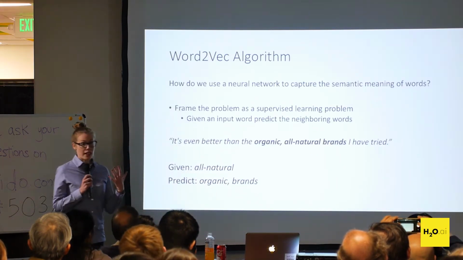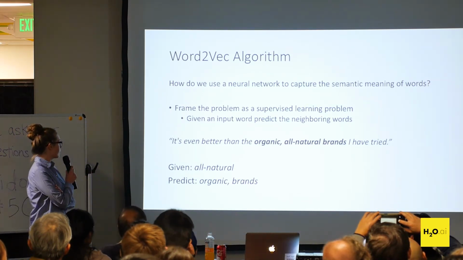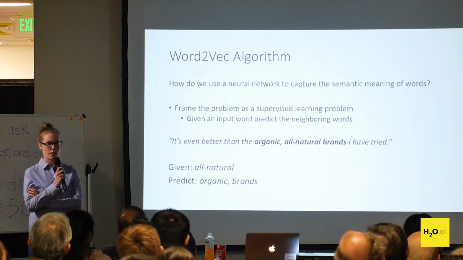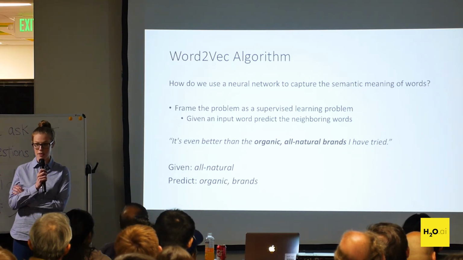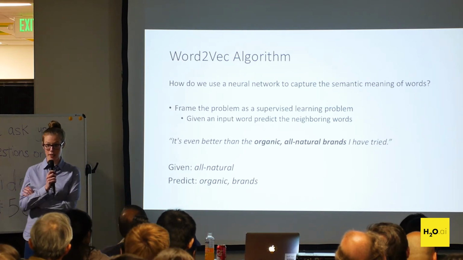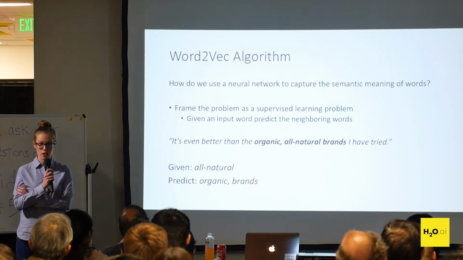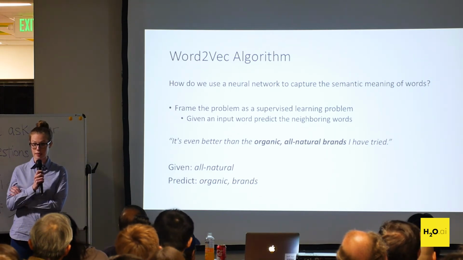So let's talk about what Word2Vec is actually doing and what the algorithm does. We're going to use a neural network to figure out the semantic meaning of words. The idea here is that words that have the same context have similar semantic meaning. That means that if the words around this target word are the same, they probably mean the same thing.